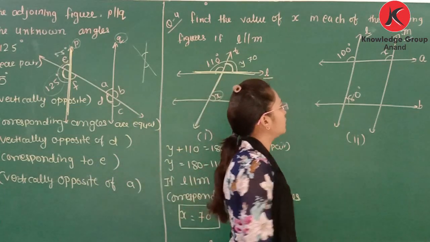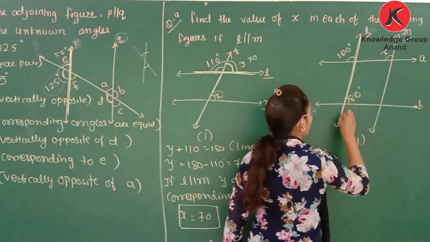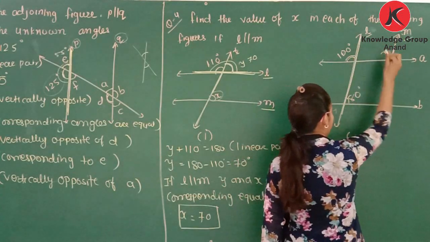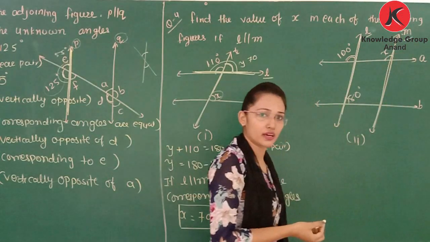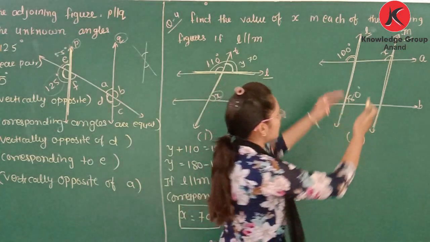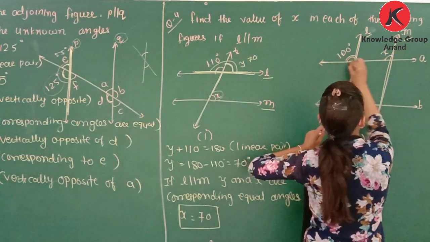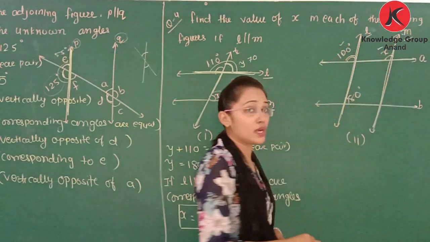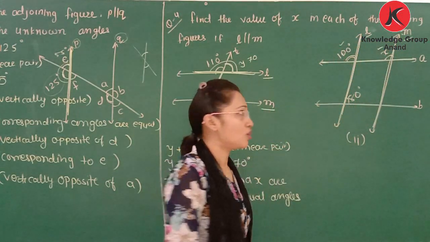Now next figure, here L and M are parallel. So 100 and X are corresponding angles, yes or no? Because if two lines are parallel, then this is a transversal and these angles are on the same side, in the same position of the transversal.